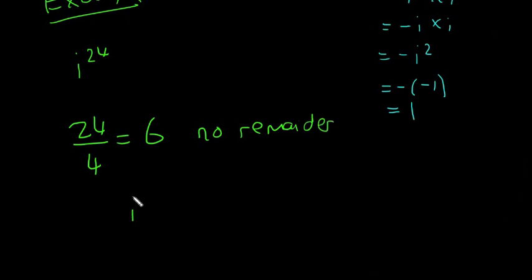The answer is going to be I to the power of 4, which is just 1. That's the only kind of difficult one. If there's no remainder, you might get confused, but then it's just I to the power of 4, which is equal to 1.